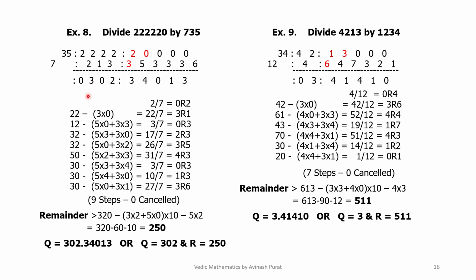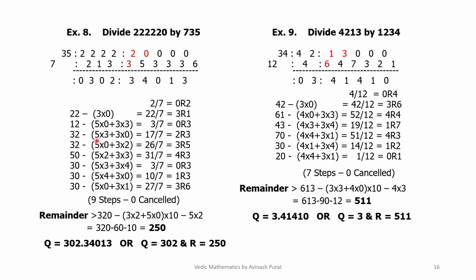22 minus 3 into 0 equals 22 divided by 7, quotient is 3 and remainder 1. Now 12 minus 5 into 0 plus 3 into 3, 9. So 12 minus 9 is 3 divided by 7, quotient is 0 and remainder is 3.